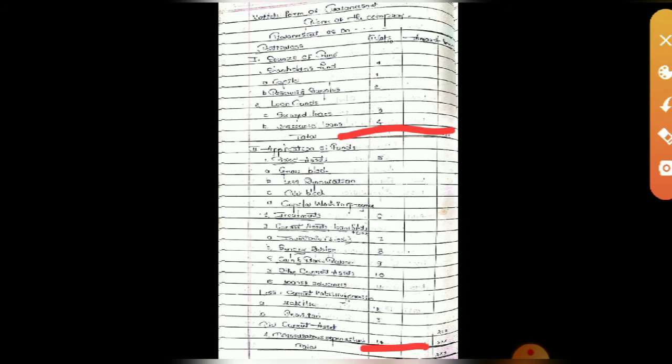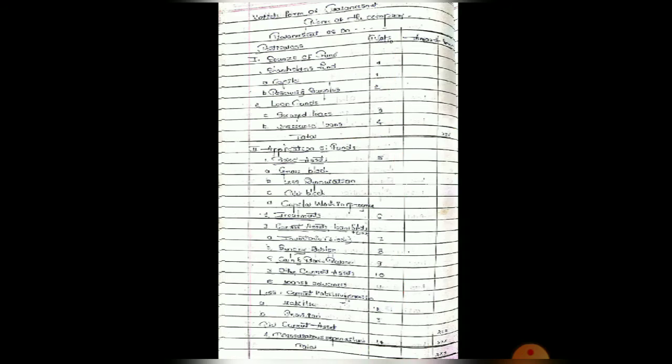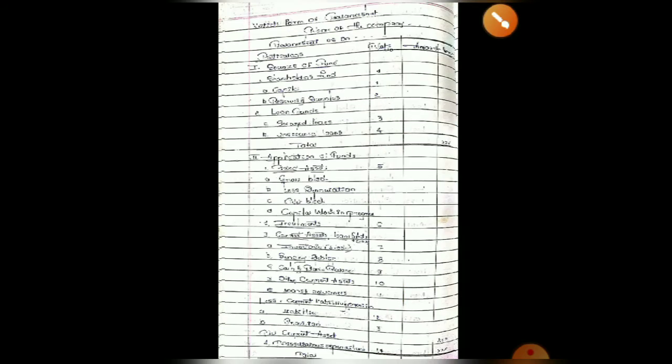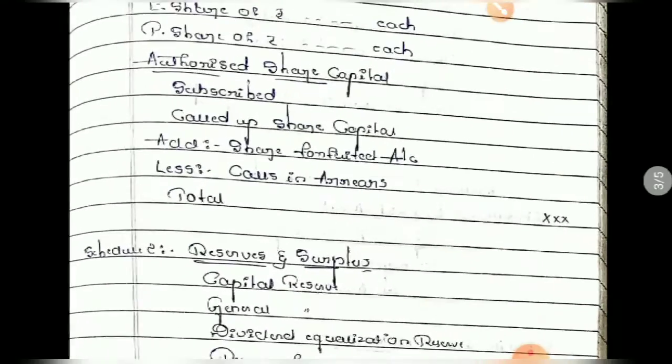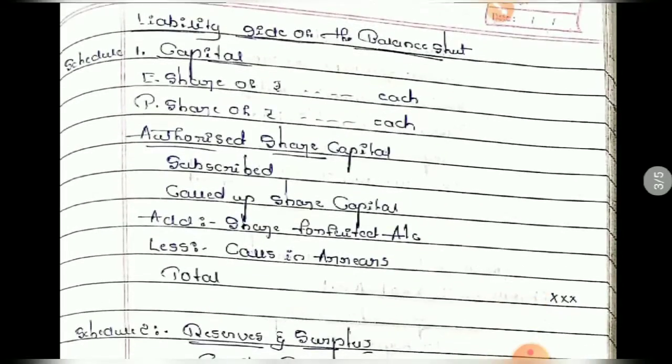But you have to remember, the vertical form of balance sheet has another part: these note numbers whatever you have written here, they are to be explained. How to explain, you have to learn now. After writing that block, you have to write these schedules.